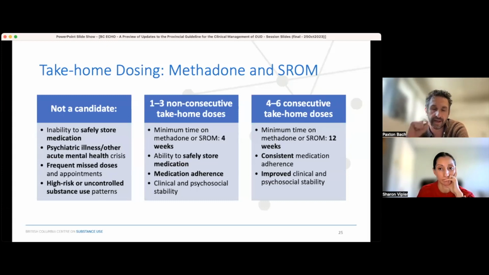You will note that abstinence at no point here is considered one of the key metrics for qualifying for doses. Really, it's more related to general clinical and psychosocial stability and stability in your substance use, such that it's not felt that this would put you or others around you in danger. So a fair amount of room for clinical discretion.